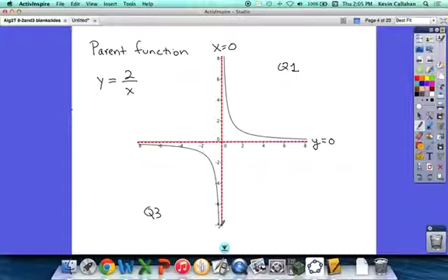You know about fractions. If a fraction equals 0, it's because the numerator equals 0. There's no other way for a fraction. So since this numerator does not equal 0, y is never going to equal 0.